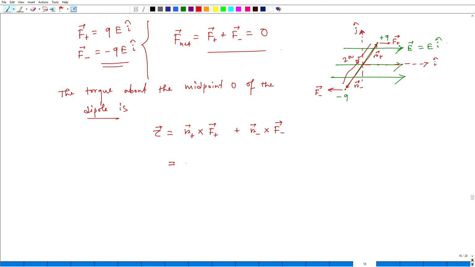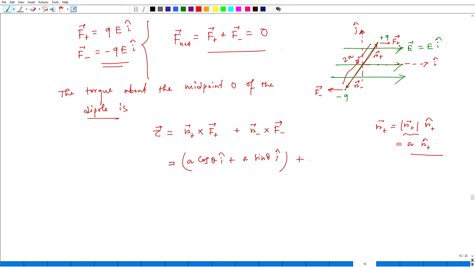The r plus vector is basically a cos theta i cap plus a sin theta j cap. So, r plus has the magnitude a times the r plus unit vector, and we know how to write the unit vector in terms of i cap and j cap: cos theta i cap and sin theta j cap, multiplied by a.